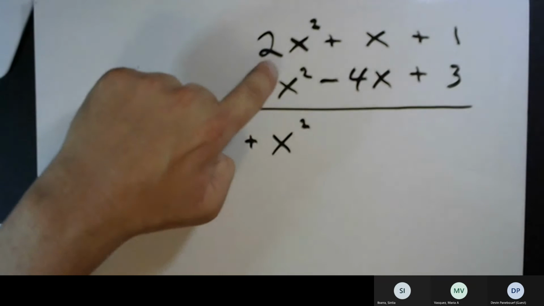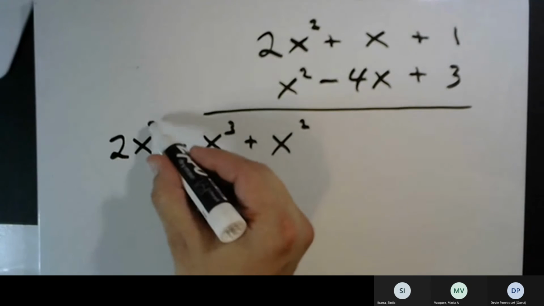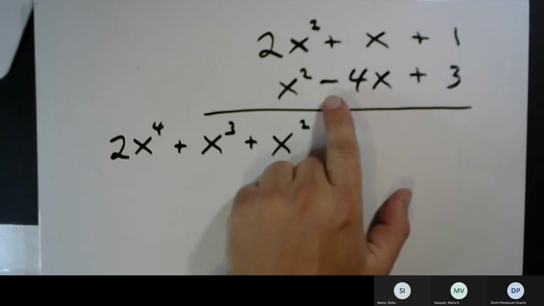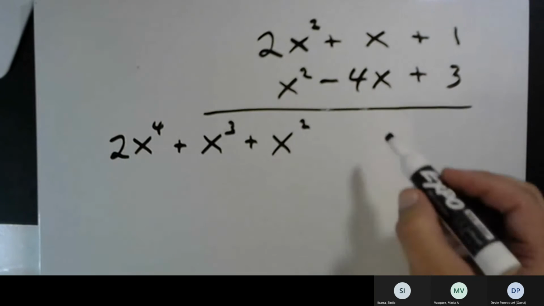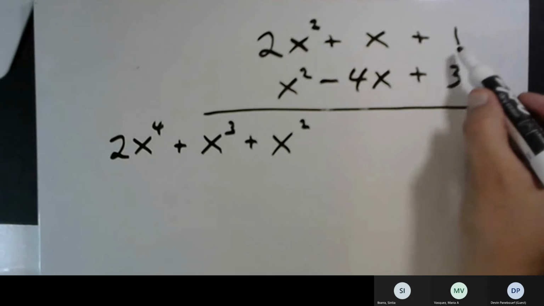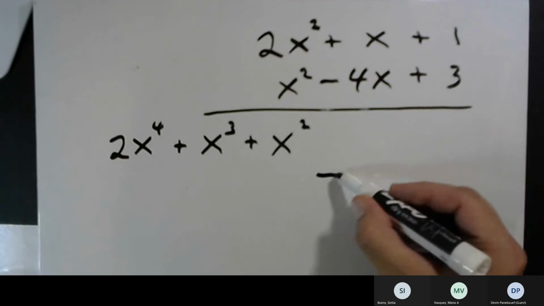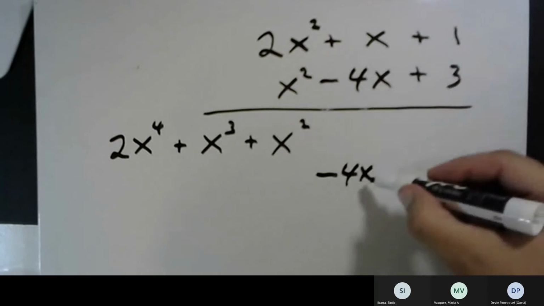Then x squared times 2x squared is 2x to the 4. All right, so we've distributed the x squared. Now we're going to distribute the negative 4x. And again, it's going to take the sign with it. So negative 4x times 1 is negative 4x. That's going to go in the x column, where all the x terms are.